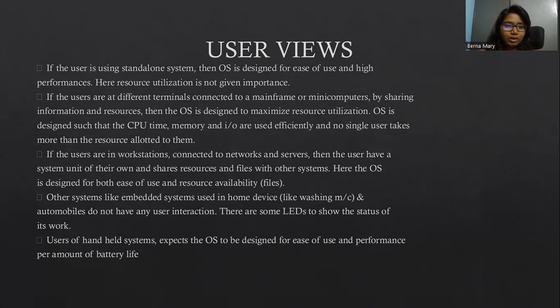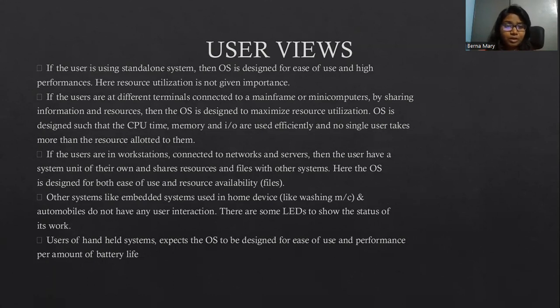If the users are at different terminals connected to a mainframe or main computer, sharing information and resources, then the operating system is designed for maximum resource utilization. The operating system is designed such that the CPU time, memory, and I/O are used efficiently, and no single user takes more than the resources allocated to them.